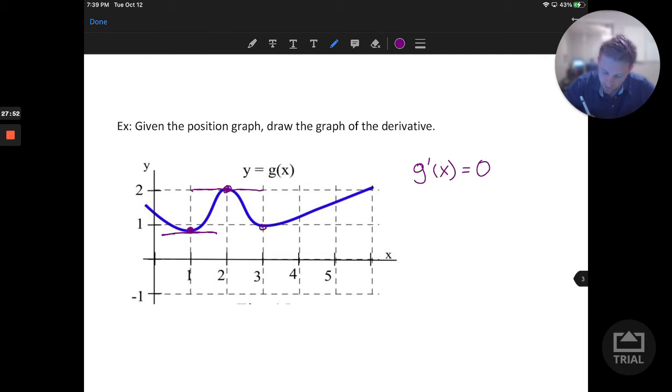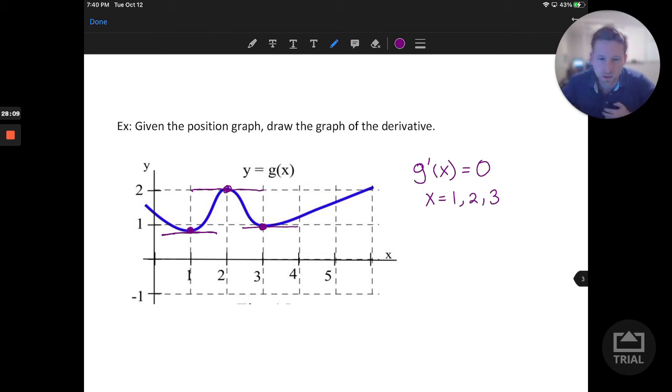So really we got 3 different horizontal tangent lines. So at x equals 1, 2, and 3, we will have a derivative function equal to 0.